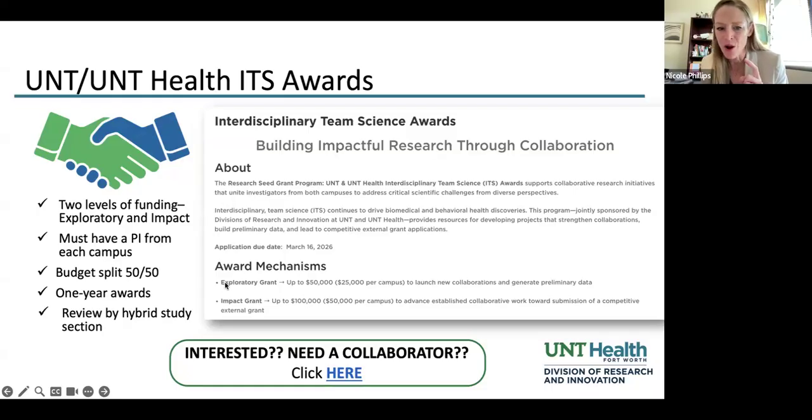This came through a little bit small, but there's this exploratory grant. So it's kind of like a pilot grant. This is up to $50,000, again, $25,000 per campus. And this is really to launch new collaborations and generate new preliminary data for a really exciting new collaboration. So it's smaller as far as the amount of money, but we're trying to bring together, I think there's a ton of untapped opportunity.